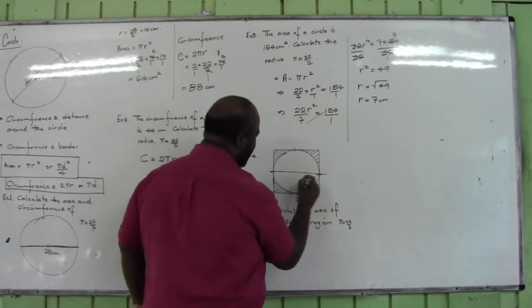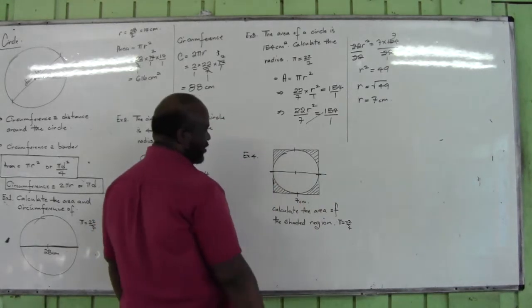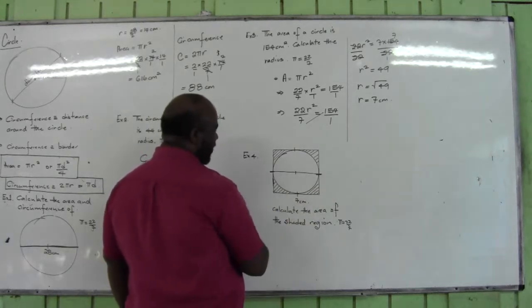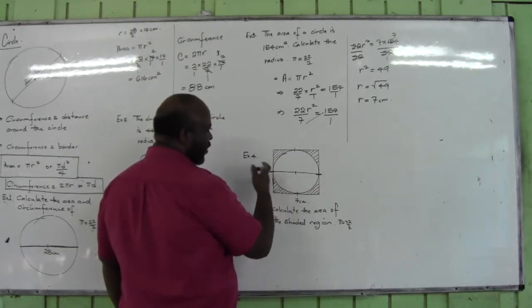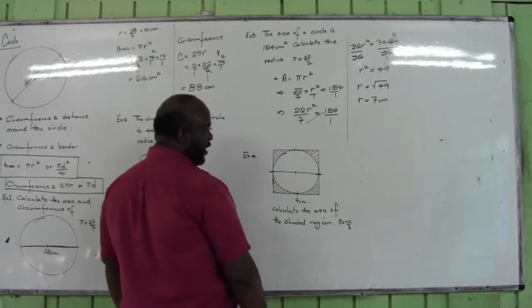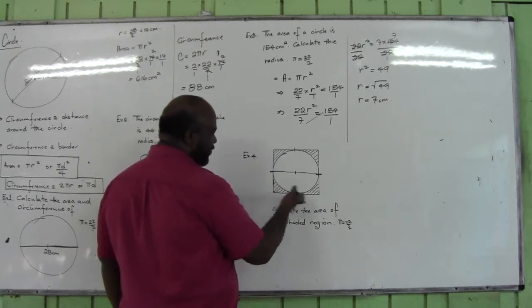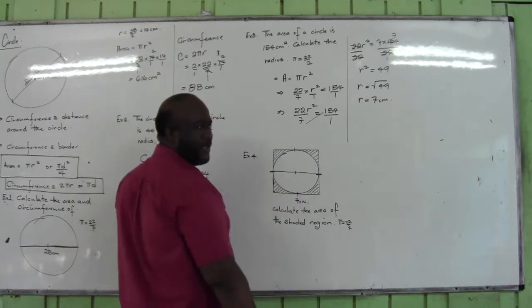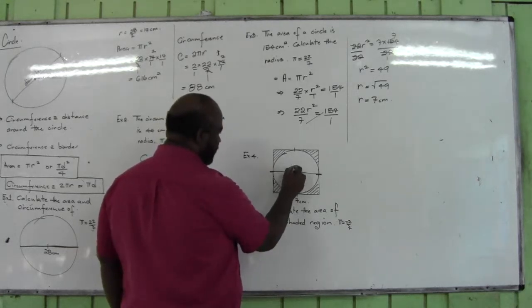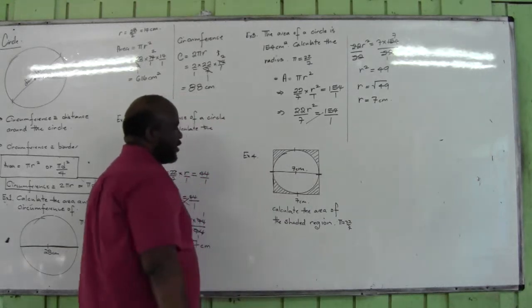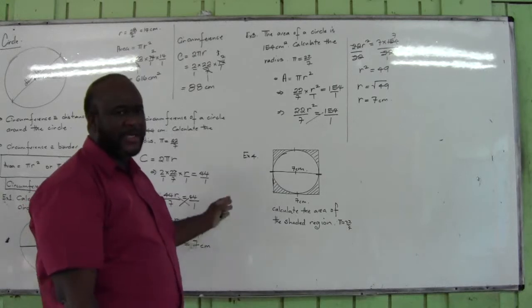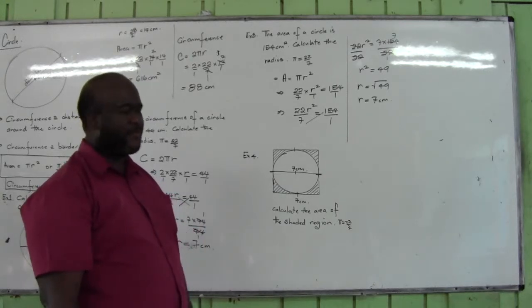Alright, let's draw a line here. This line is the diameter. So if the length of the square is 7, what is the length of the diameter? 7. So the length of the diameter and the length of the square are the same.